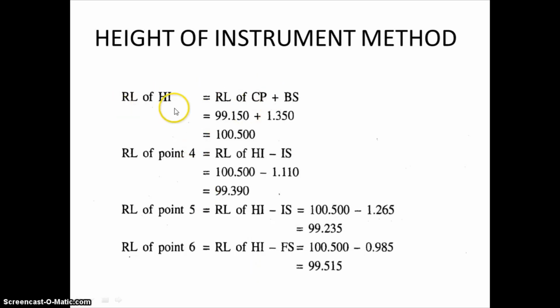So as I told you, RL of HI is nothing but RL of change point. Instead of benchmark, you have to take RL of change point plus backside. So 99.150 plus 1.350, you will get the new HI. And once you get the new HI, RL of station point 4, RL of station point 5, RL of station point 6, you can get easily by correspondingly deducting IS and foresight values from the RL of HI value.